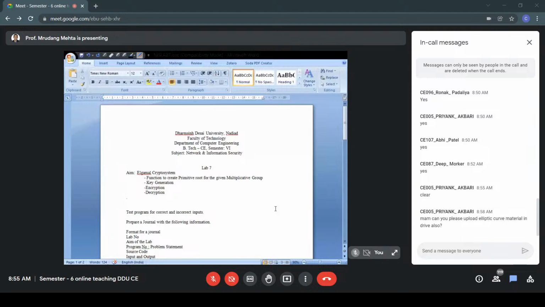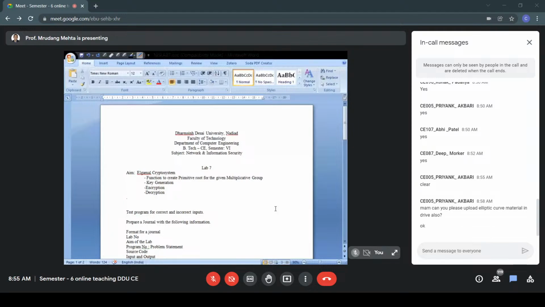So lab objective, as ma'am already explained, there are 4 objectives in the lab. First objective is to write a function to create a primitive root for the given multiplicative group.